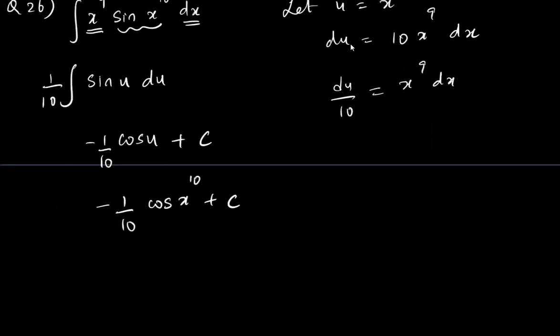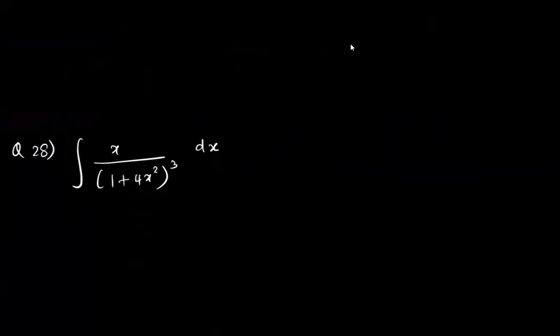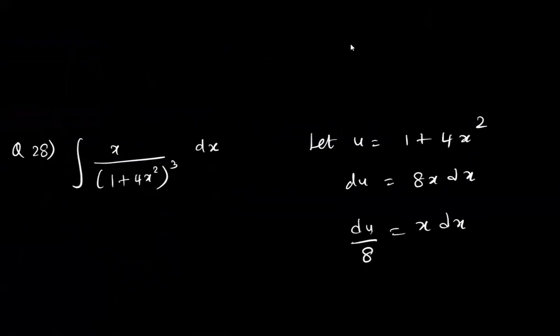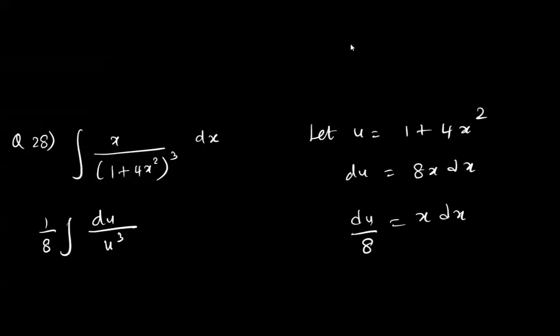You can always check by differentiating. Okay. Here my u will be 1 plus 4x squared. My du will be 8x dx, but I only have an x dx, so I'm going to divide by 8. So this will become 1/8 du over u cubed.